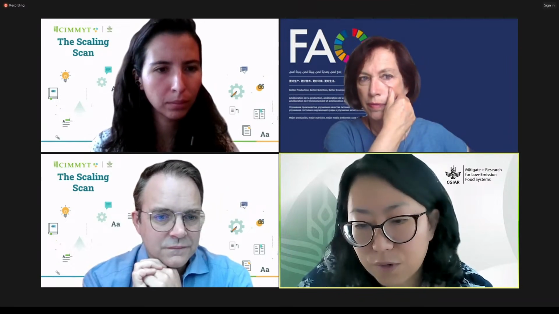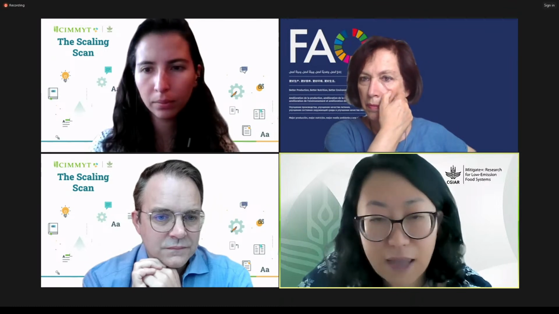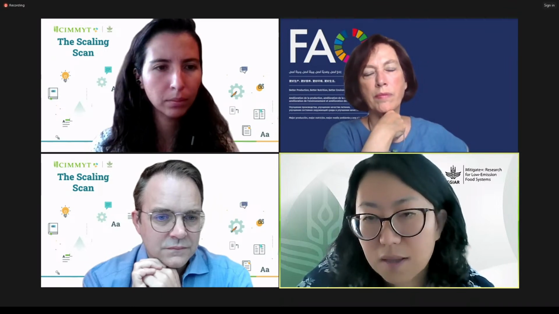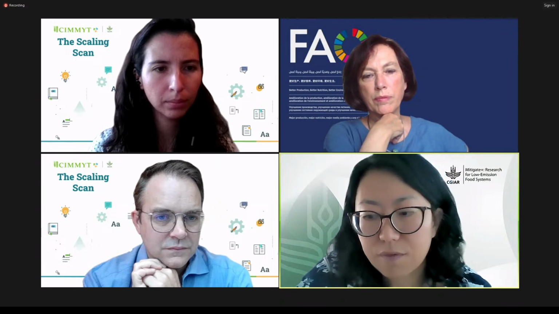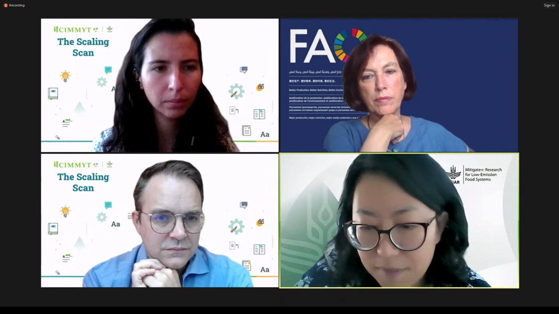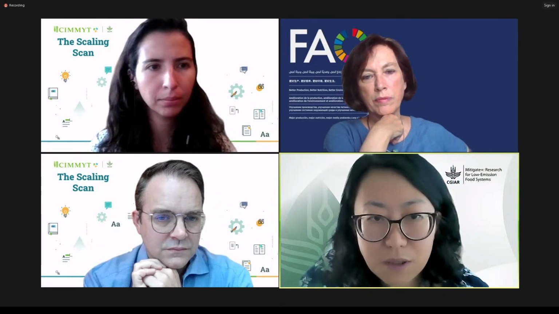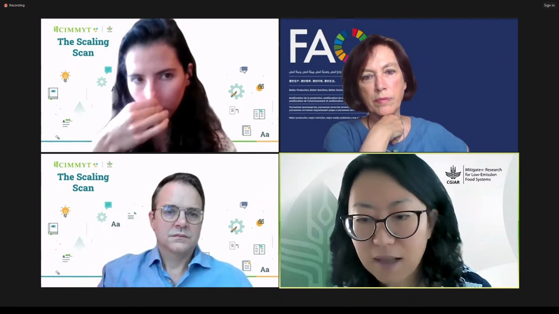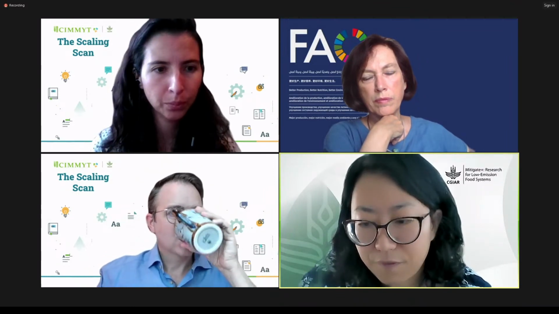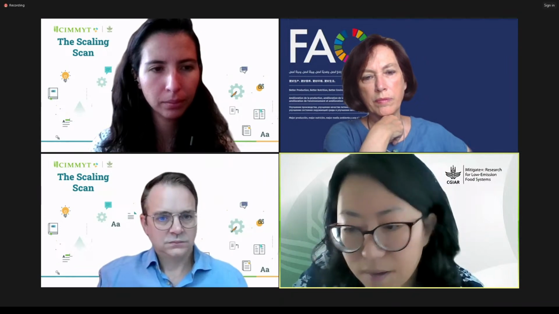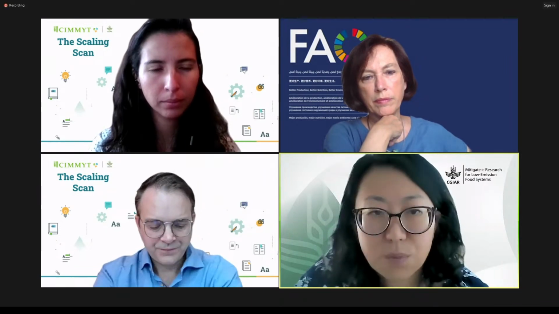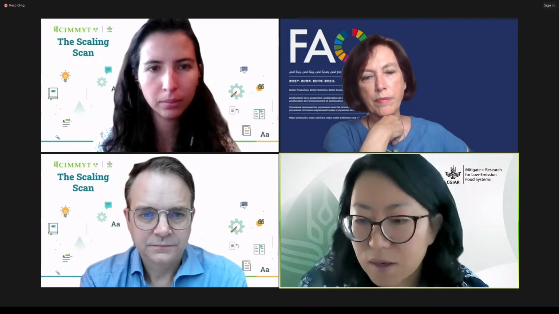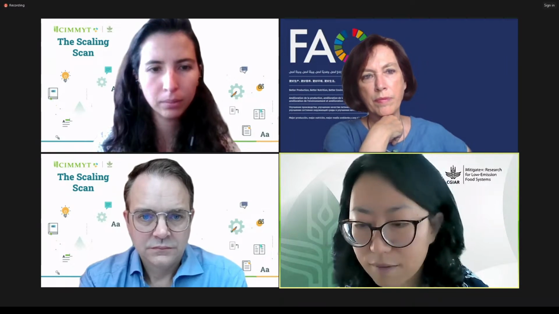Similarly, this new version of the scaling scan has been enhanced to ensure the explicit consideration of the environment and climate. As we know, scaling technologies and practices will affect the environment, natural resources, such as water, land, air, minerals, flora, and fauna.